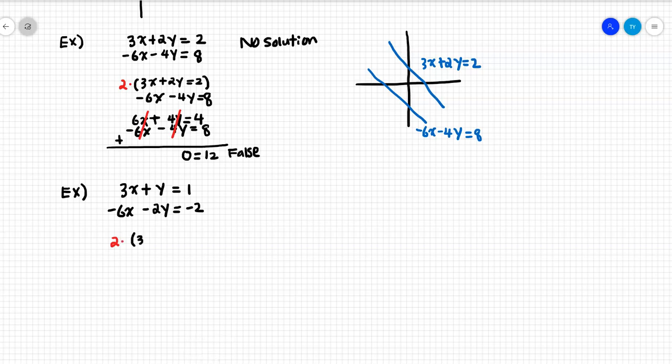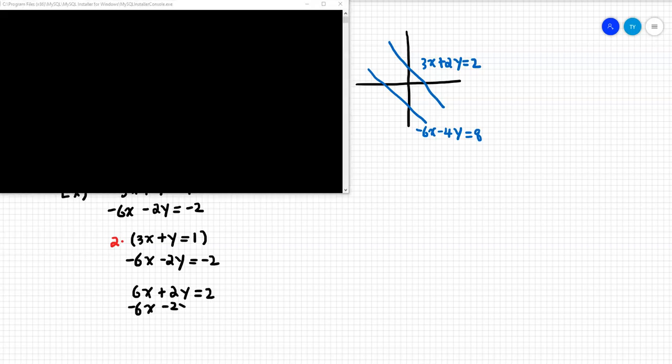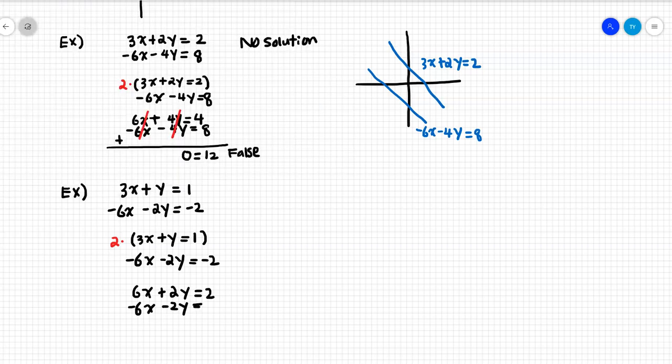So I have 3x plus y equals 1, and minus 6x minus 2y equals minus 2. Multiplying that out, I have 6x plus 2y equals 2. Then I have minus 6x minus 2y equals minus 2. Now we add.